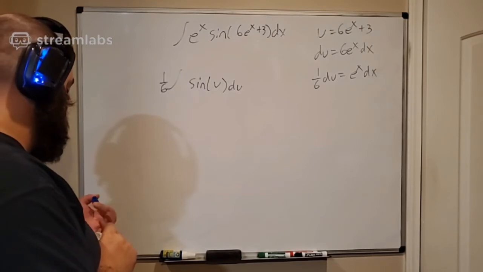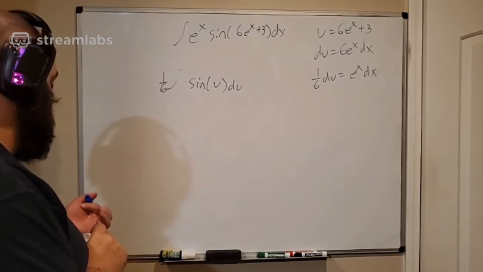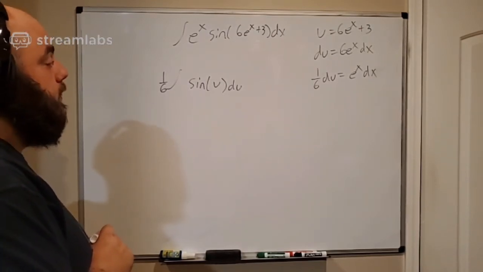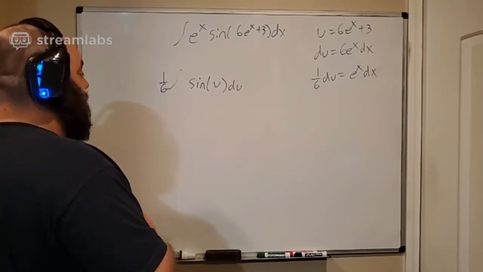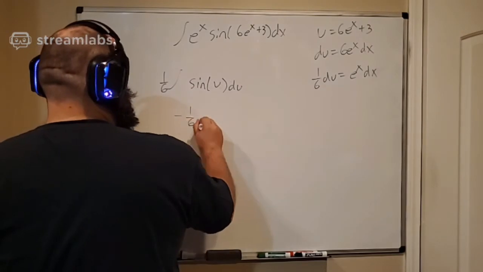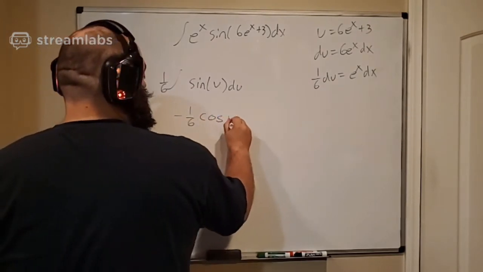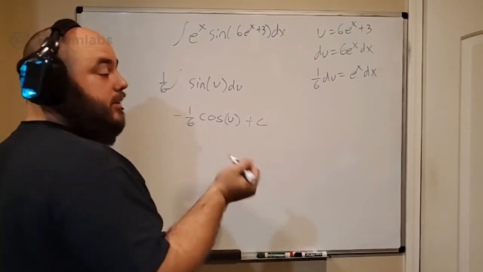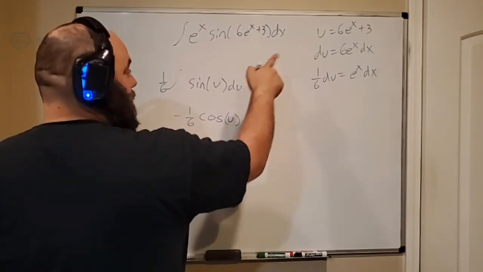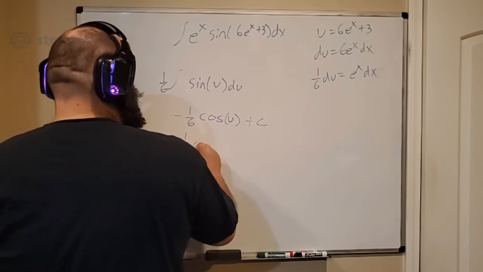Cosine of u. Careful. Negative cosine. And then don't forget your plus c. And then I'm sure they didn't leave it as a u most likely, so we'll have to take our u and replace it back in.